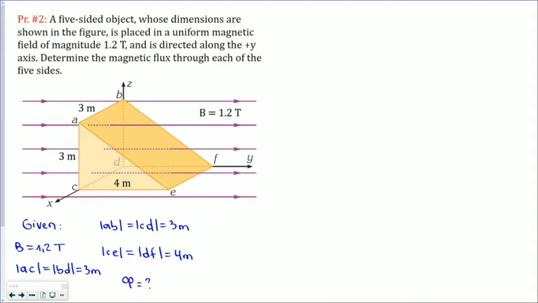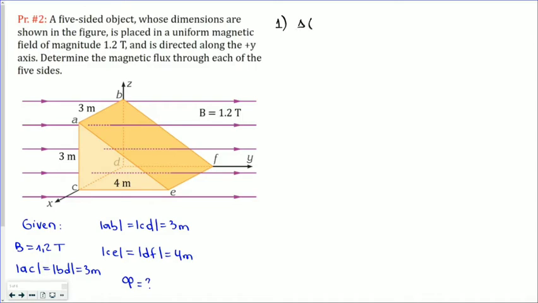flux. So I will divide this problem into 3 sections. In the first section, I will look at the sides which are parallel with the magnetic field lines. I have 3 sides which are parallel to the magnetic field lines. So let's write them down.